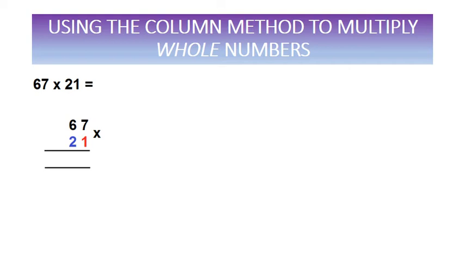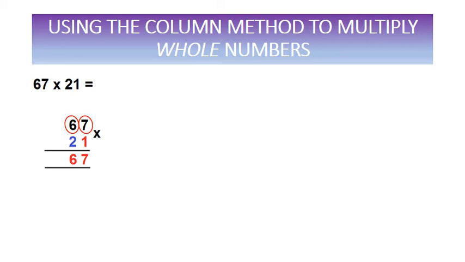We're going to pretend that this is 1 times 67. So we're going to ignore the 20 for the moment and just do as we did before. So we say 1 times 7 and write the answer underneath. And then we do 1 times 6 and then we write the answer for that. So we've multiplied the 67 by the 1. We now need to multiply it by the 20.